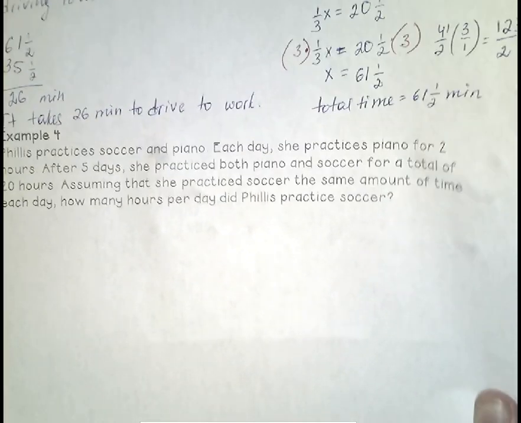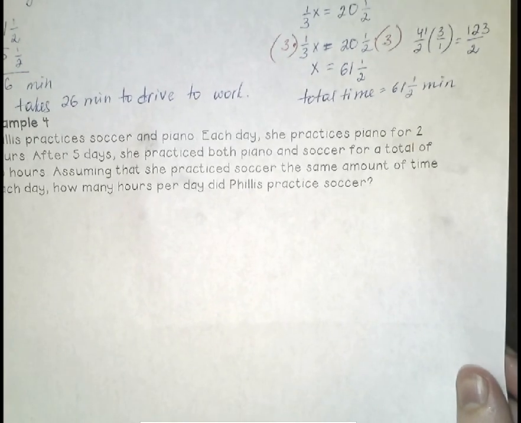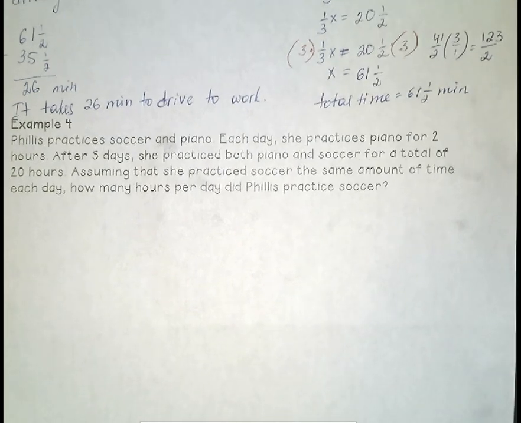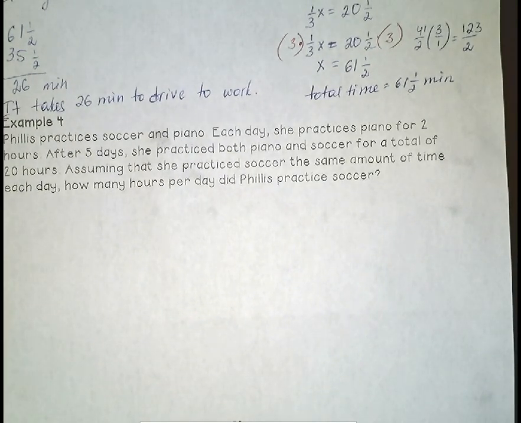Example 4. Phyllis practices soccer and piano. Each day she practices piano for 2 hours. After 5 days, she practiced both piano and soccer for a total of 20 hours. Assuming that she practiced soccer the same amount of time each day, how many hours per day did Phyllis practice soccer?